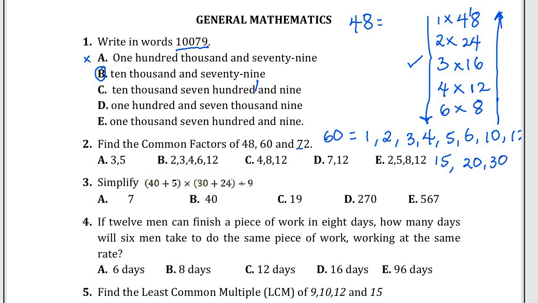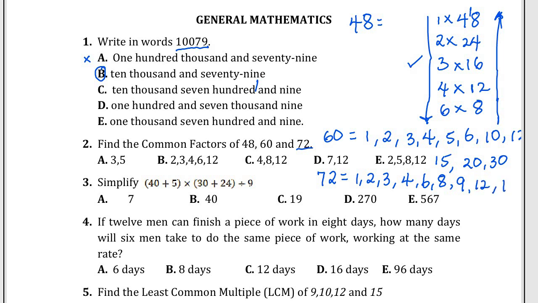Then the next number is 72. We need to get the factors of 72, which are 1, 2, 3, 4, 6, 8, 9. 8 times 9 is 72. 12, 18.